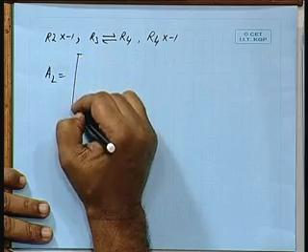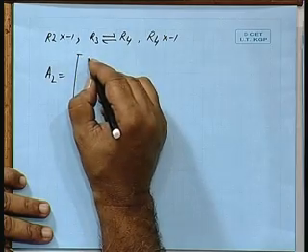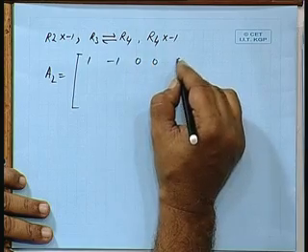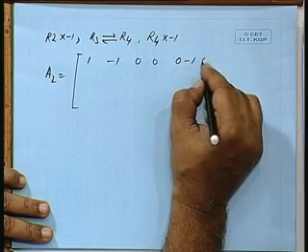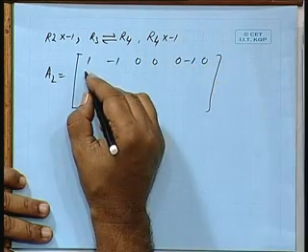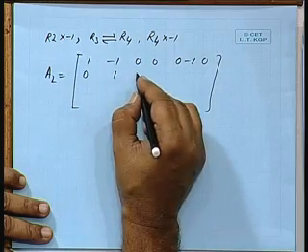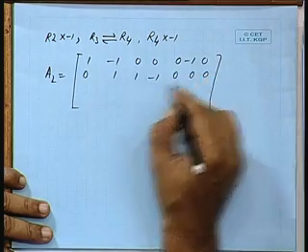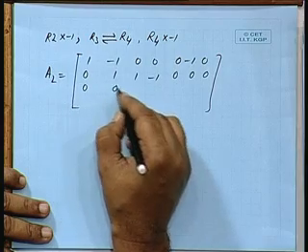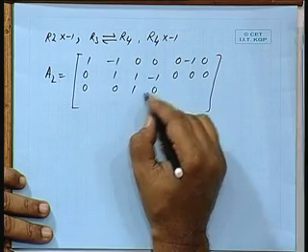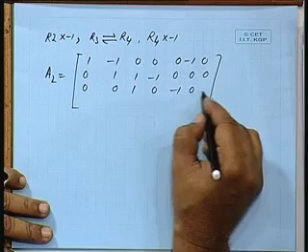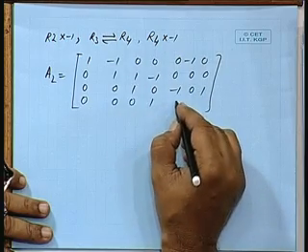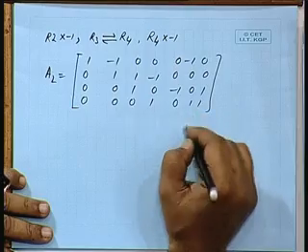What will the matrix be like? 1 minus 1 0 0 0 minus 1 0, then 0 1 1 minus 1 0 0 0, then 0 0 1 0 minus 1 0 1, and then 0 0 0 1 0 1 1.